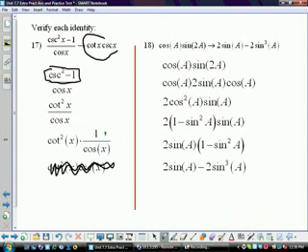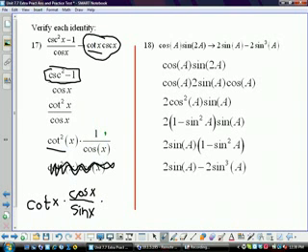Look at this, guys. I see a cotangent, and I see a cotangent squared, so I'm just going to take one of my cotangent x's and leave them. And for the other multiplication of the cotangent x, I'm going to change it to cosine of x over sine of x. And I still have that times 1 over cosine of x.